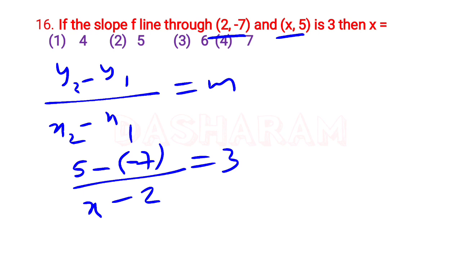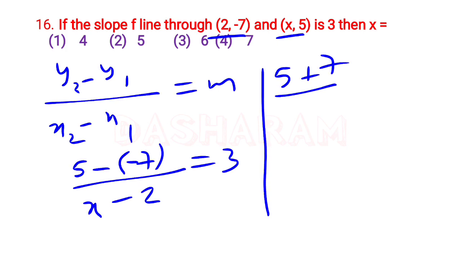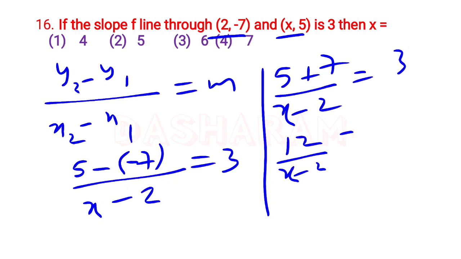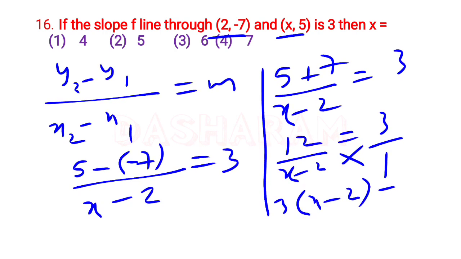So then 5 minus of minus 7, 5 plus 7, divided by x minus 2, equals 3. 5 plus 7 is 12 by x minus 2 equals 3. 3 can be written as 3 by 1, do cross multiplication. So then 3 into x minus 2 equals 12 into 1 is 12.